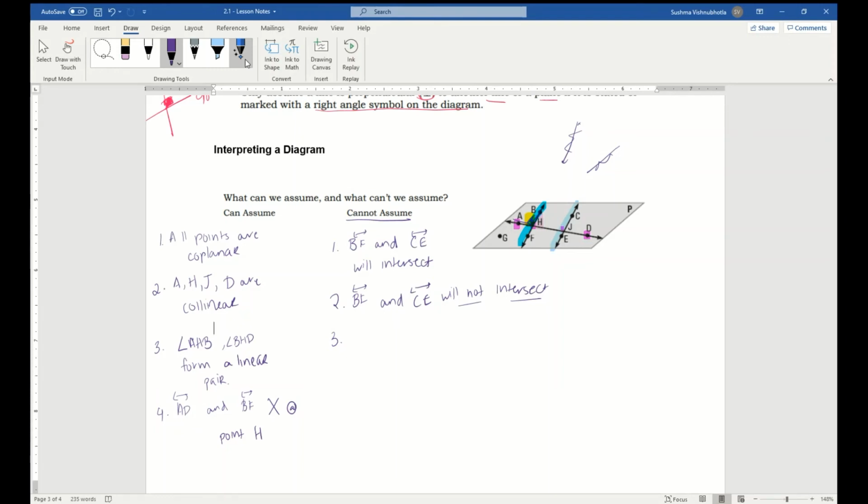And you can't assume line AD is perpendicular to BF or line AD is perpendicular to CE. Okay? Can't make those assumptions. All right.